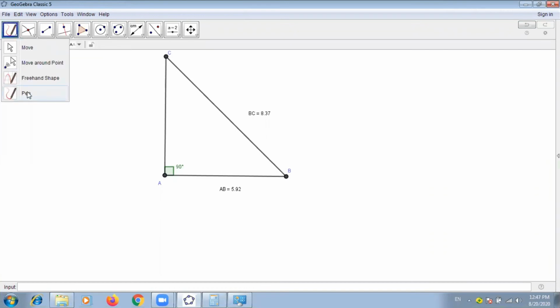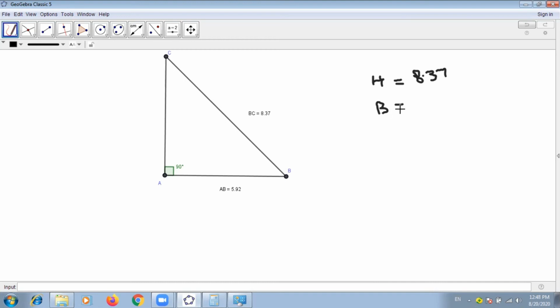So I'm writing hypotenuse equals 8.37, base equals 5.92, and perpendicular we have to find.